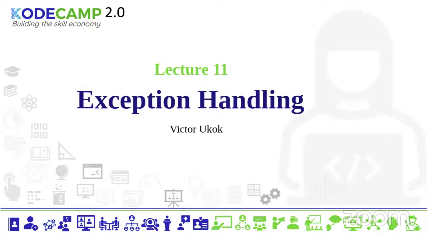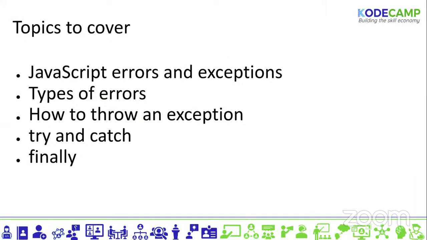So we are going to see what exceptions are and how they are handled in JavaScript. The topics we are going to cover today are JavaScript errors and exceptions. We'll see what an error is, what an exception is, and the types of errors.